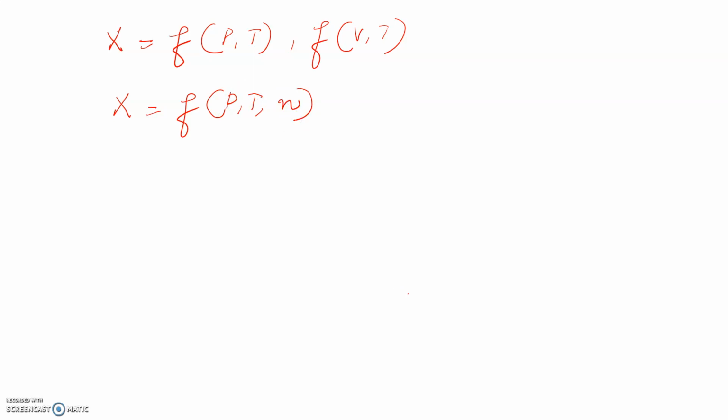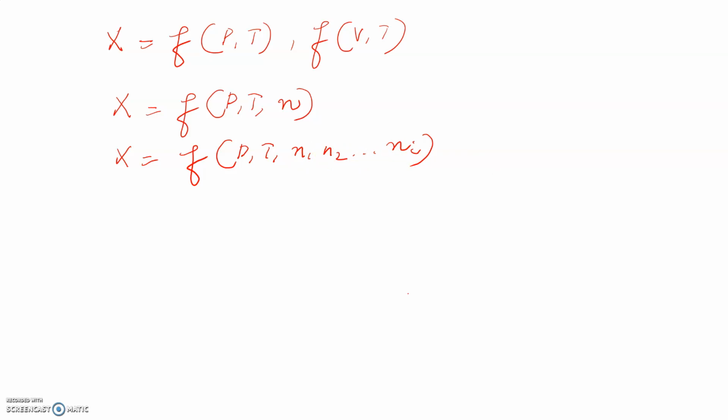The system may contain more than one type of particles, and hence we may have to write x as a function of pressure, temperature, N1, N2, etc., Ni. There are so many types of particles, so each one has its own number of particles. Where N1, N2, N3, what are those?